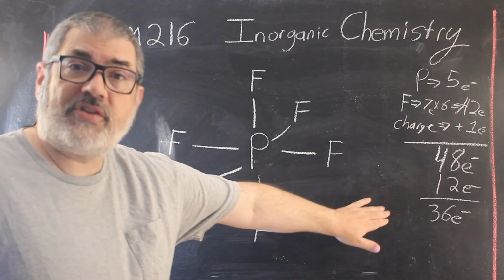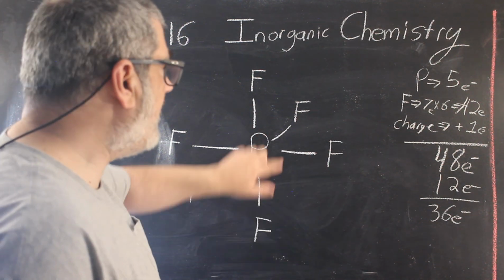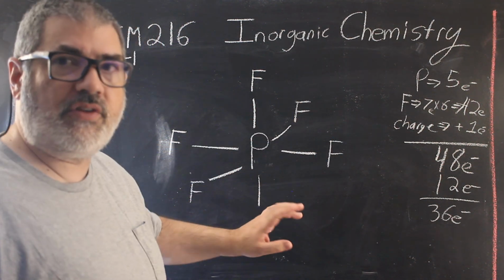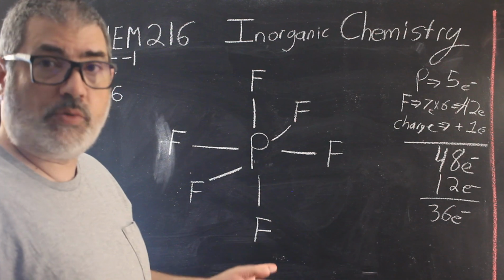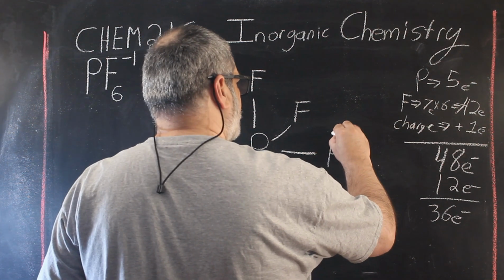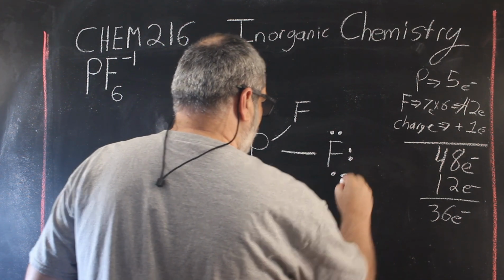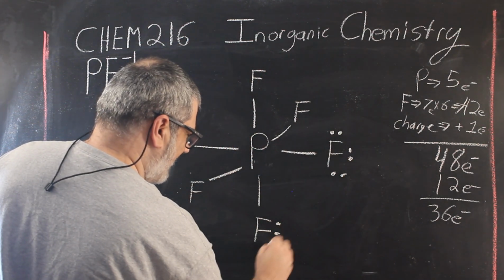So now we have 36 electrons. We're going to put them in as lone pairs. I'm not going to count it out, but each fluorine is going to get 3 lone pairs, 6 electrons, and that's going to equal 36. You can count along at home.